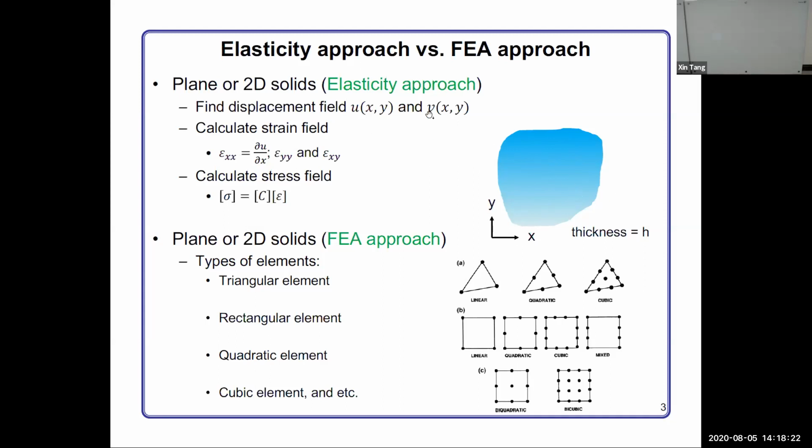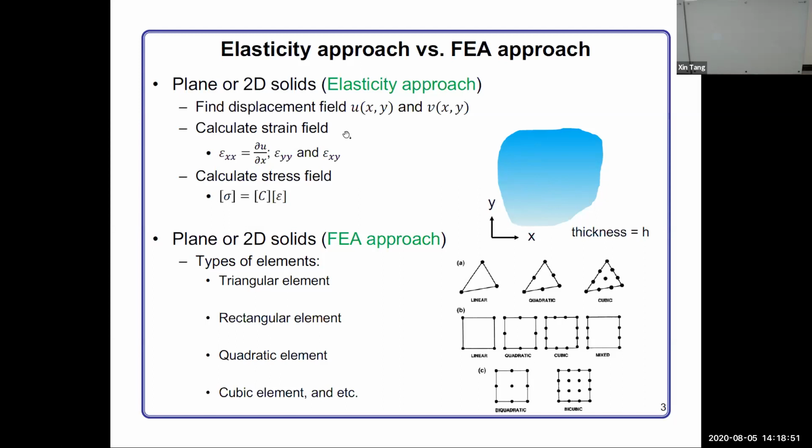V is the displacement around the y direction, and it also is a function of x, y, the coordinate. Okay, and the u and v are perpendicular to each other. One is around x, one is around y, so they are decoupled. The magnitude or the effect of u will not affect the magnitude and the direction of v.